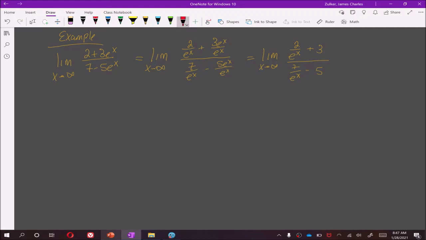Now the idea here is the same. The limit as x approaches infinity of e to the negative x would wind up being 0. So we're left with negative 3 over 5.